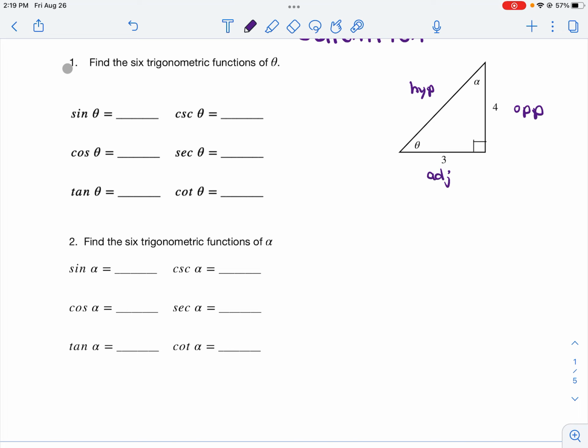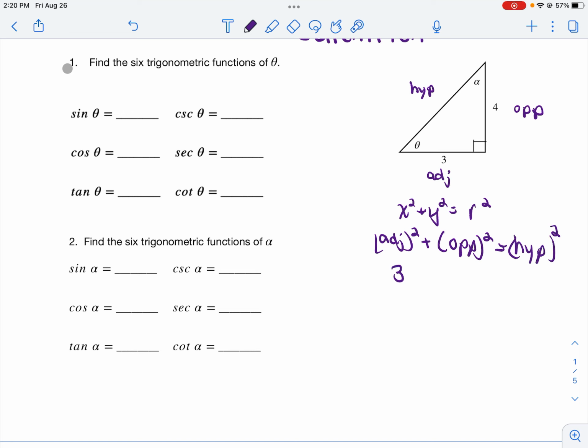So to find the hypotenuse, we're going to use the Pythagorean theorem: x squared plus y squared equals r squared. Or in this case, h squared. So we can think of it as our adjacent side squared plus our opposite side squared is equal to our hypotenuse squared.